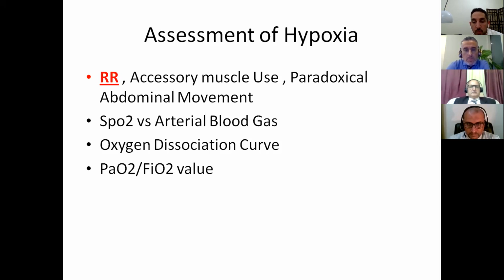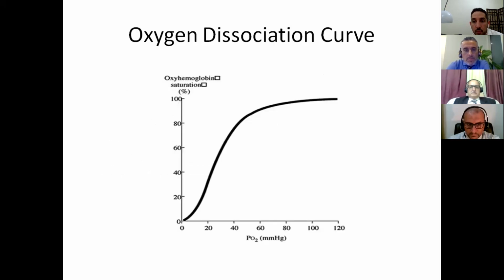You need to understand the oxygen dissociation curve for this. So this is the oxygen dissociation curve. On the x-axis, you can see my pointer, you have the PaO2, and on the y-axis, you have the saturation. Now, from a PaO2 of 120 up till 70, the body is able to maintain a saturation of around 90 plus.